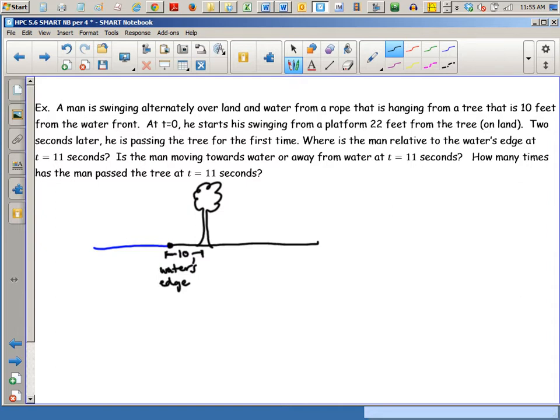Supposedly there's a platform 22 feet from the tree. That's where he started his swinging. And it's on land, so it's not out there in the lake. It's over here. So he's got a platform here, and this distance is 22.